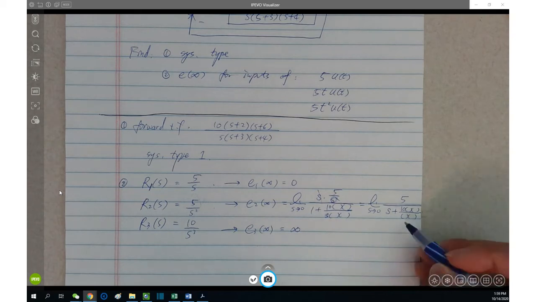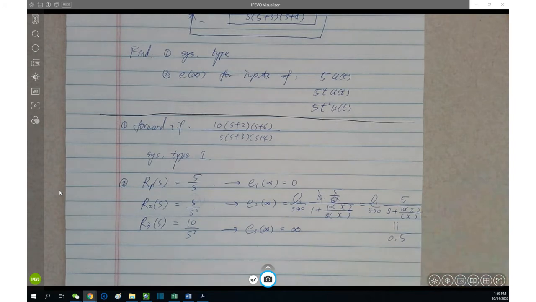Then you substitute s by 0 and end up with a constant, which is exactly 25. Yep, Kevin is right, it's half. Done. This problem is done.